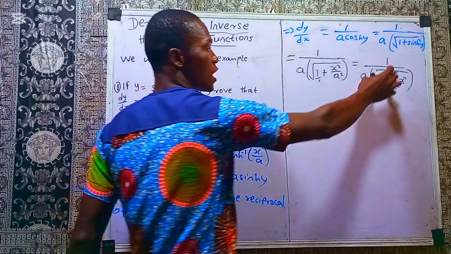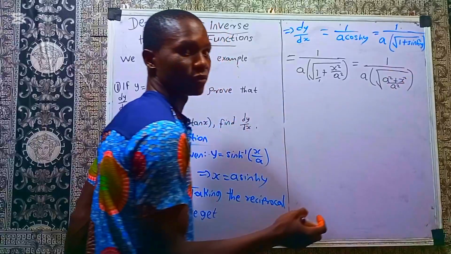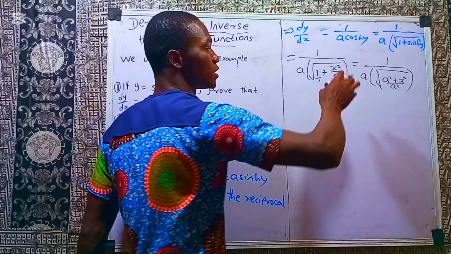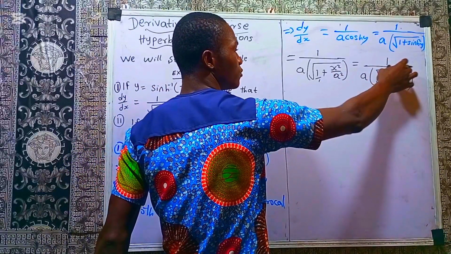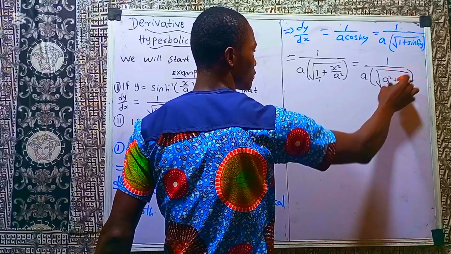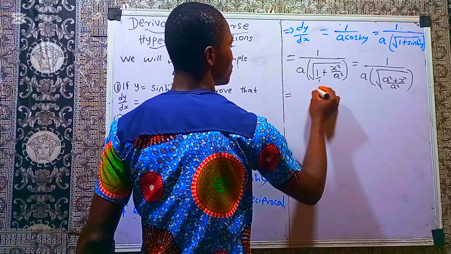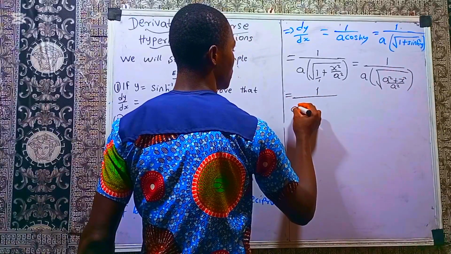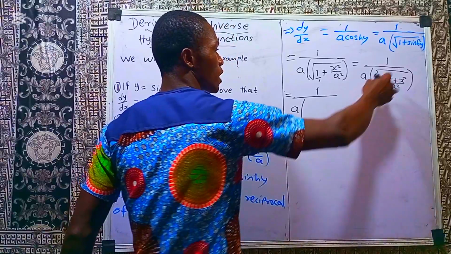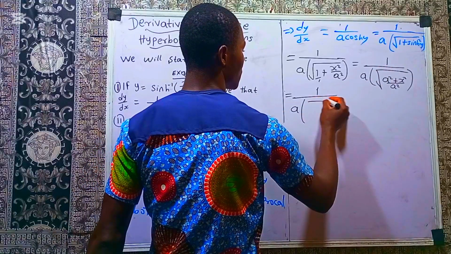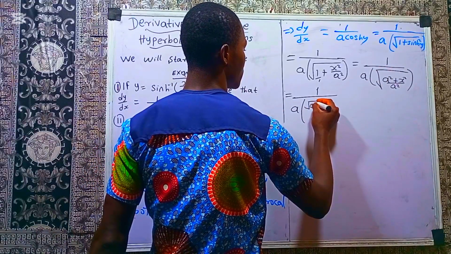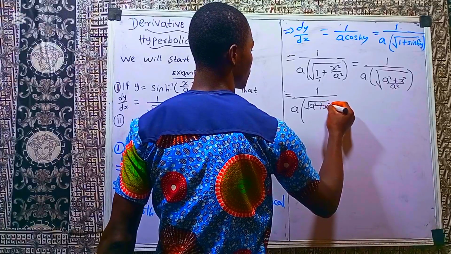But this square root is for this fraction, so I take the square root of the numerator over the square root of the denominator. This will be 1 over a into the square root of a squared plus x squared.